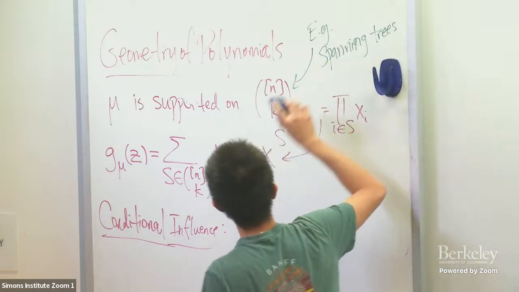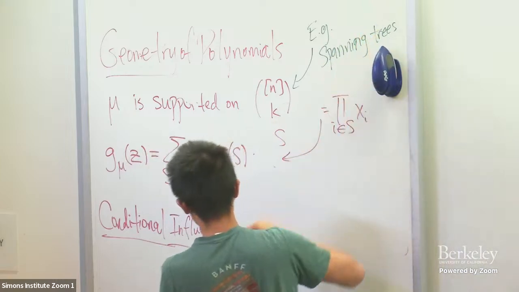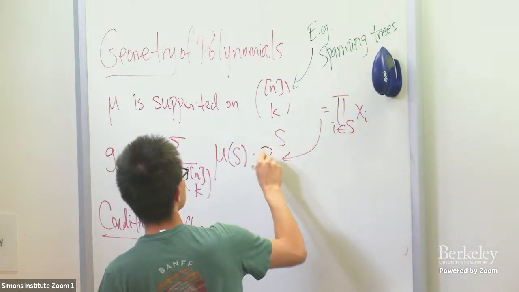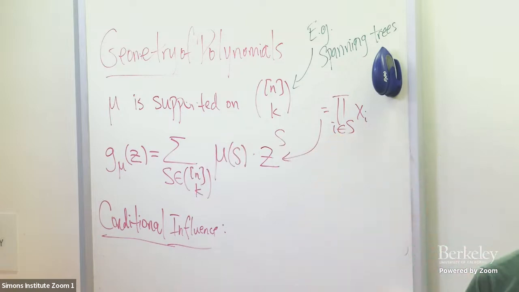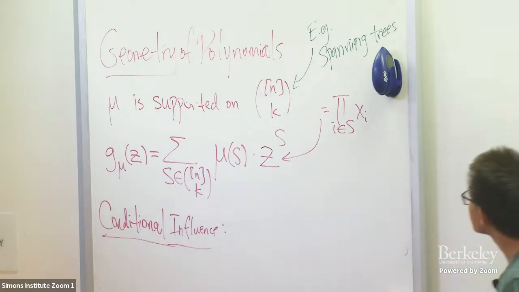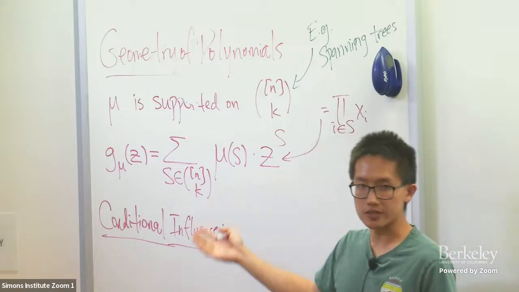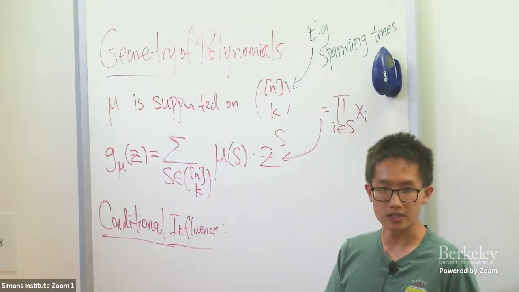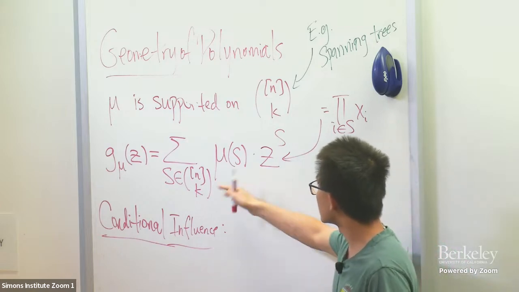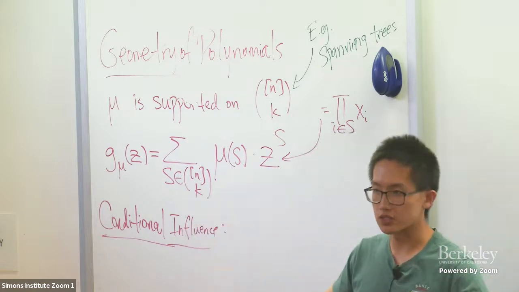Here z^S is just the product of z_i over all elements i in S. So this is a k-homogeneous multi-affine polynomial. Multi-affine meaning there's no x squared in there at all, and k-homogeneous meaning all monomials have the same degree.